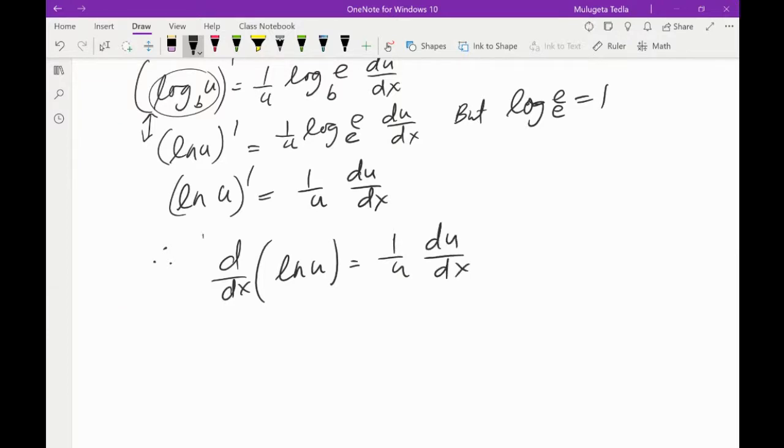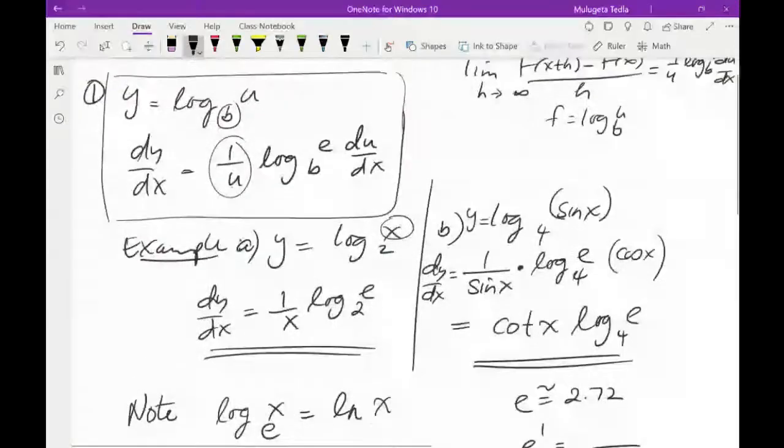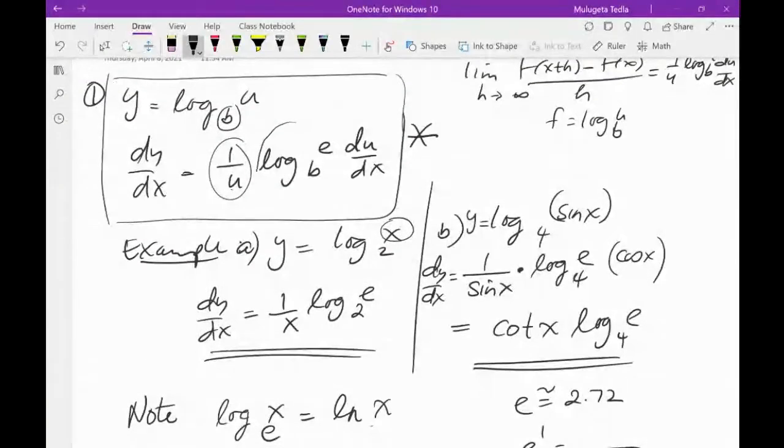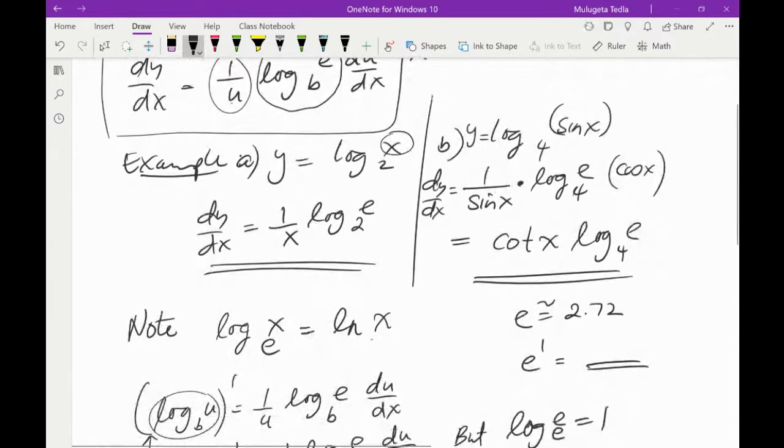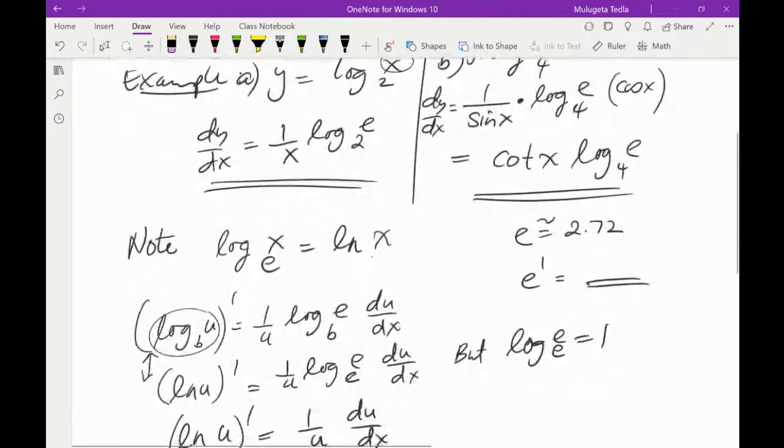To tell you the truth, this is the most important formula in this section, not the first one, because the first one has this number in it. For example, what is log of e to the base 4? You can find out. That's just an irrational number, and you can always find it on your calculator.